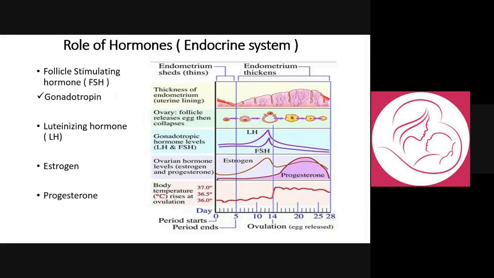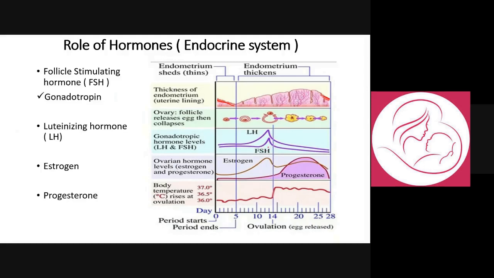As your egg development process takes place, it shoots up, and its contribution continues until you ovulate. Once the egg is released, your FSH also drops down in a similar fashion to your LH hormone. So that is the significance of these two hormones in relation to the different phases of your menstrual cycle.